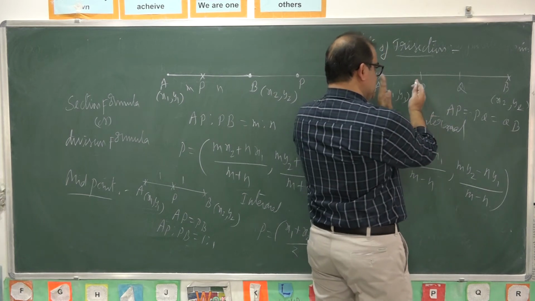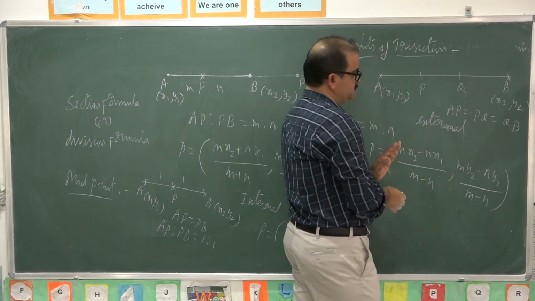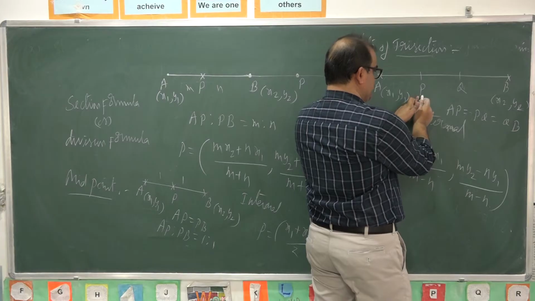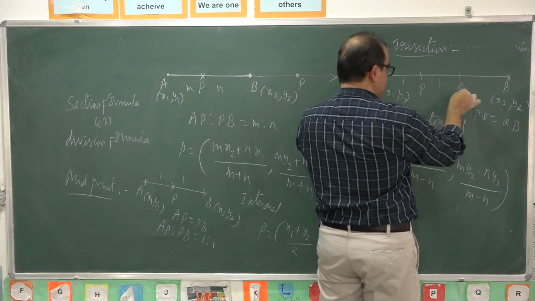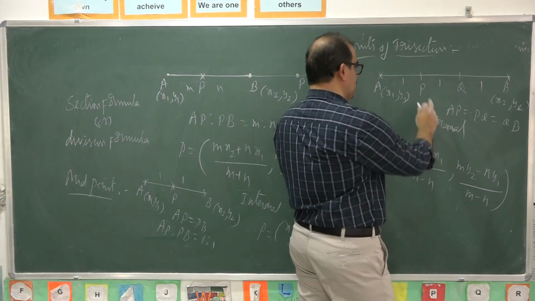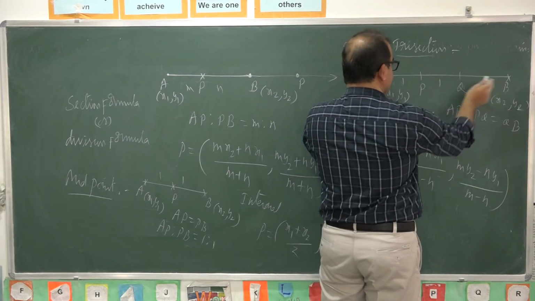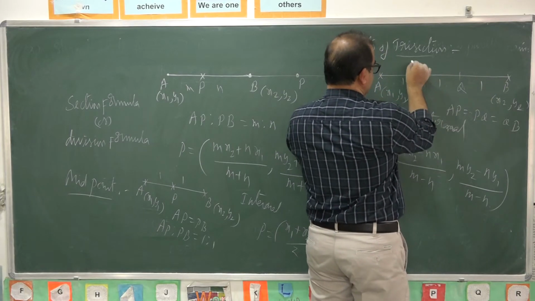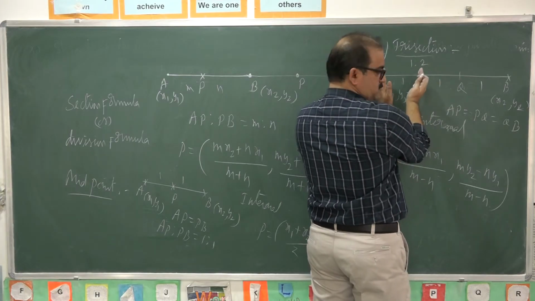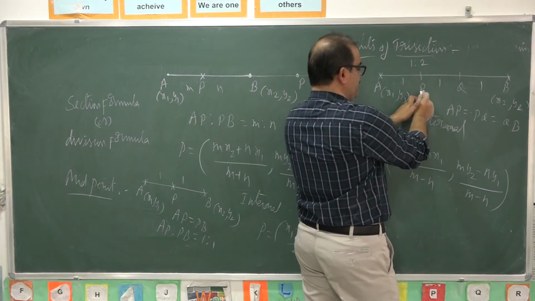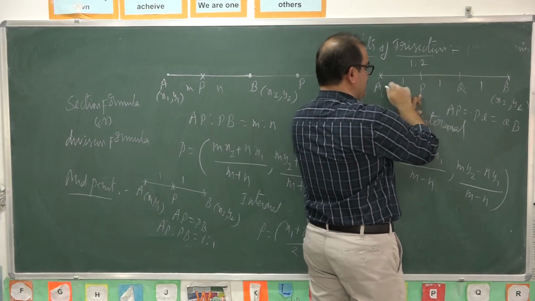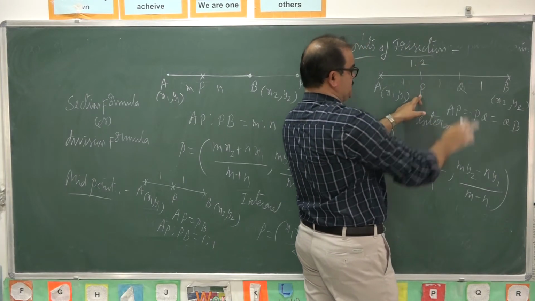Then these 3 parts are equal. Now you observe, P divides, this is one part, this is one part and this is one part. Now P divides AB internally in the ratio 1:2. This side one part and this side there are 2 parts. So P divides AB internally in the ratio 1:2.